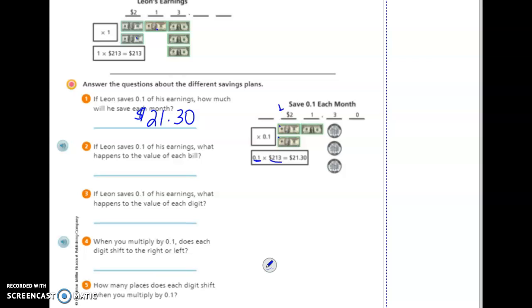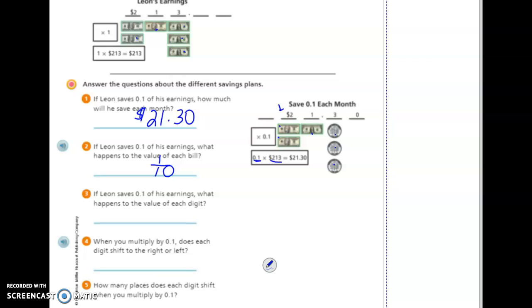And the $10 bill changes into a $1 bill, and the 3 $1 bills up here change into 3 dimes. Okay, so what happens to the value? Well, if you're going from a $10 bill to a $1 bill, it's becoming 1/10 of the original value. It's like you're taking the original value and dividing it by 10.